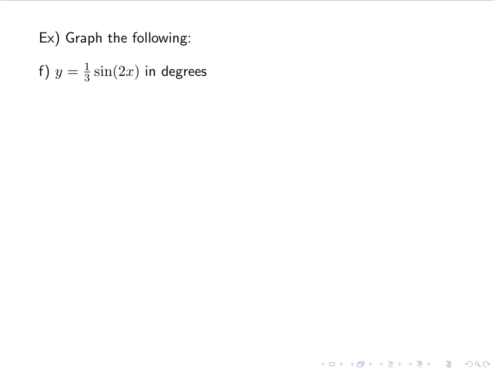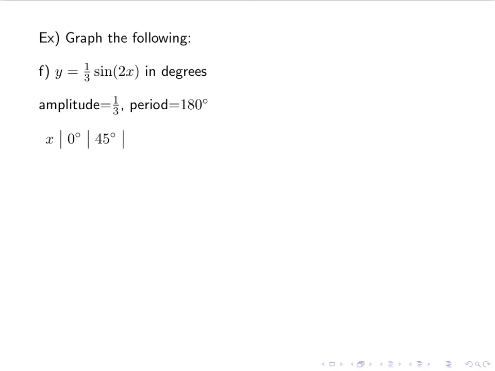And we'll do one more. So y equals 1/3 sine of 2x in degrees. Our amplitude is 1/3. Our period is 360 divided by b, which is 2, so we get 180. Start at 0. I'm going to take 1/4 of our period, so 180 divided by 4. That gives us 45 degrees.